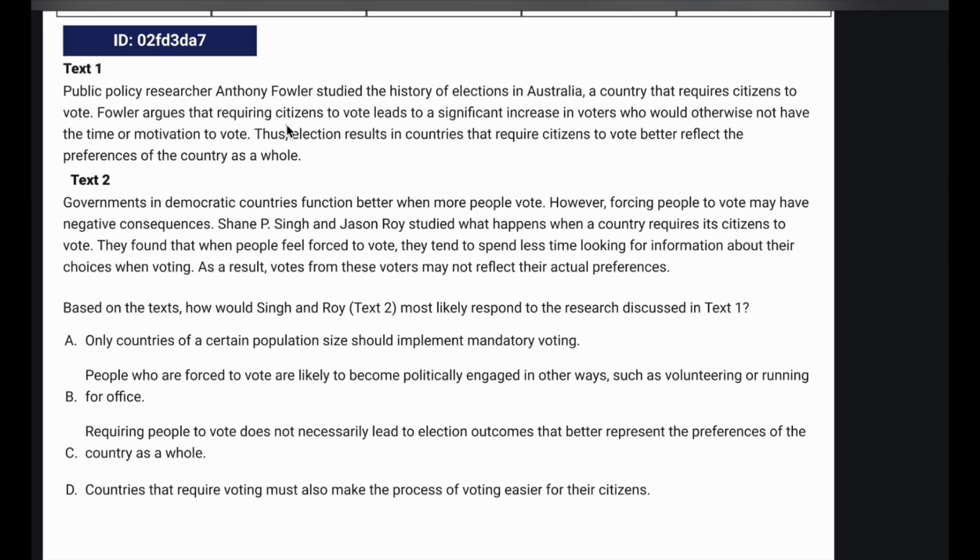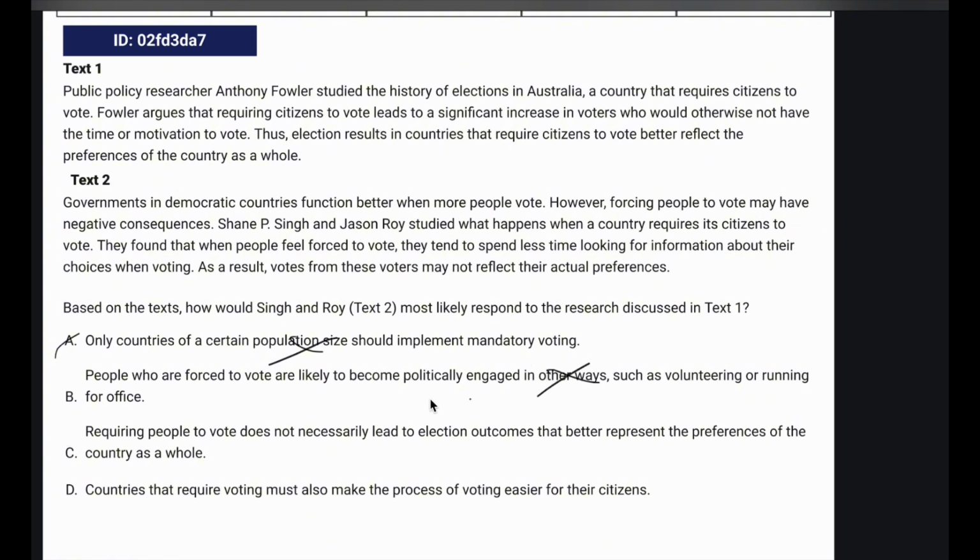So ikkalasi, text 1 bilan text 2, bir-biriga kontrast bo'lib turdi. Demak, negativroq joyga boramiz. A: Only countries of certain population size should implement mandatory voting. Yo'q, unaqa narsa aytganimiz yo'q. Bu davlat bunaqa qilsin, shuncha limitdan o'tsa bunaqa qilsin degan yo'q. People who are forced to vote are likely to become politically engaged in other ways, such as volunteering or running for office.